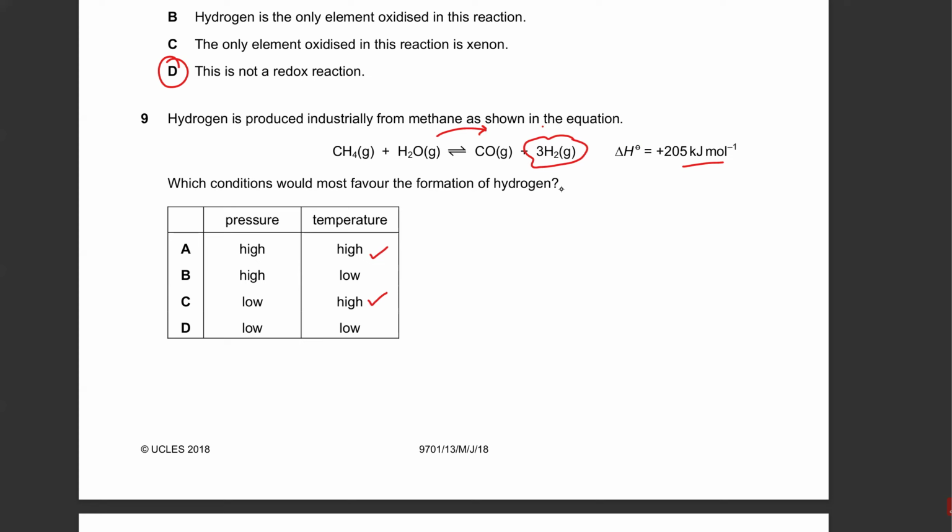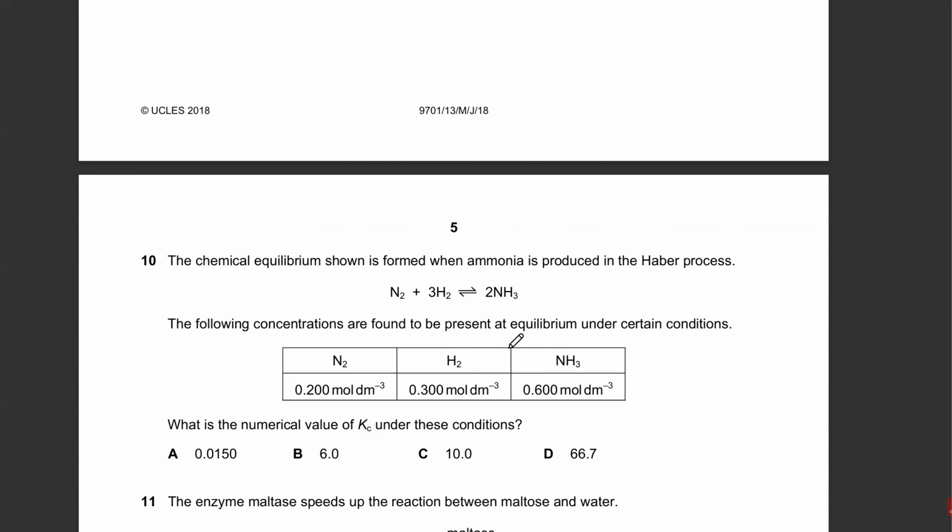So we need a lower pressure. Okay, so you need a low pressure. Low pressure favors the side with more gas moles. You can make sure they're all gases. Okay. So that's fine. High temperature favors endothermic, which is the forward.